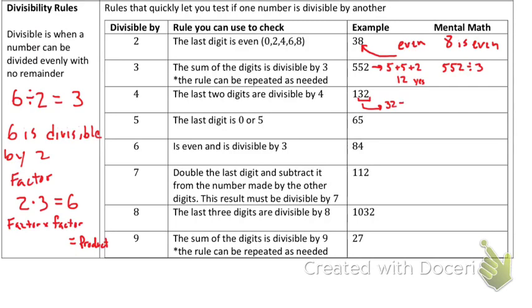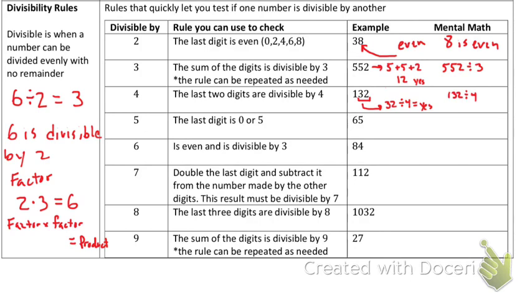Is 32 divisible by 4? And the answer is yes. Because the last 2 numbers are divisible by 4, we can then say that the entire 132 can be divided by 4. So 132 can now be divided by 4.